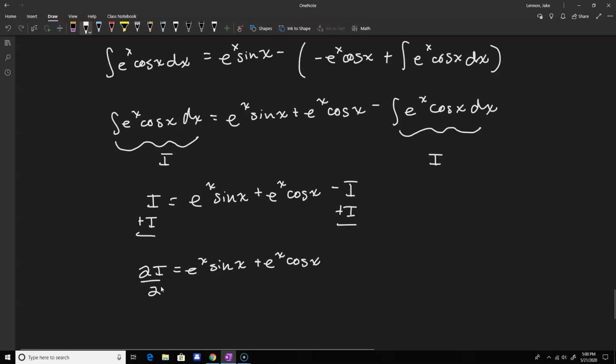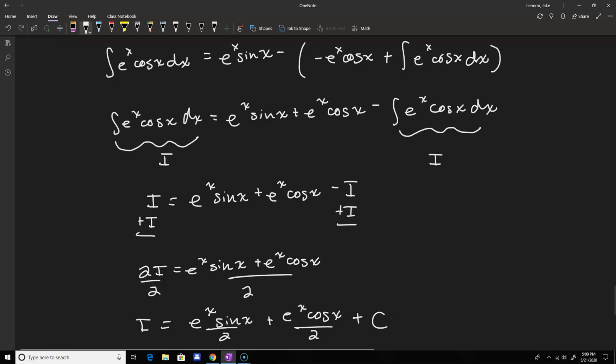Divide by 2, and now we found our integral that we wanted. So we have e to the x sine of x over 2 plus e to the x cosine of x over 2 plus a constant of integration.